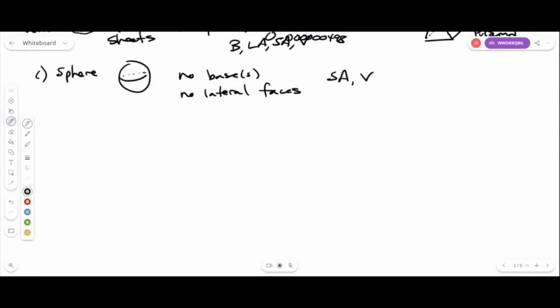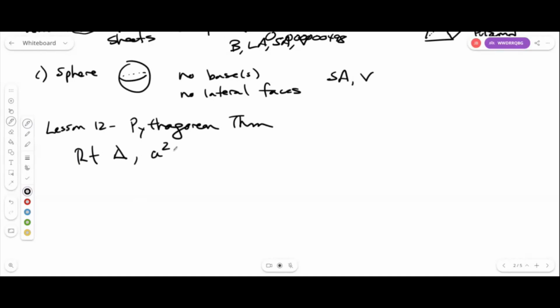Okay. And then finally, lesson 12 was the Pythagorean theorem. And it says if we have a right triangle, then the sum of the squares of the legs is equal to the square of the hypotenuse.